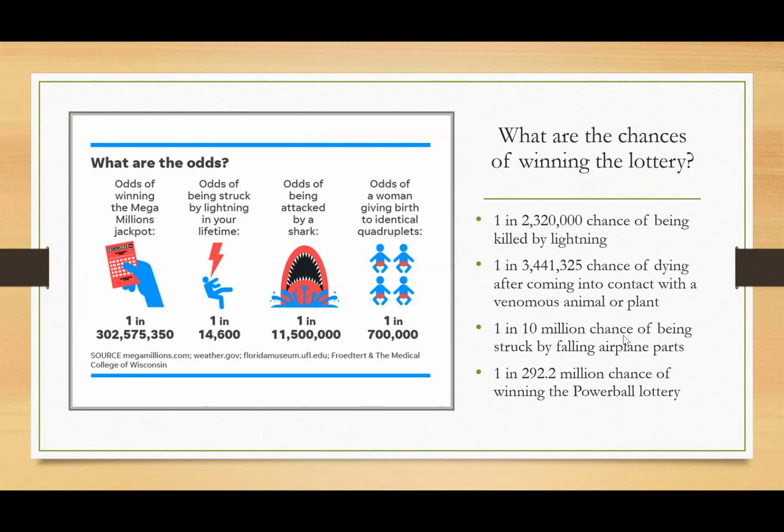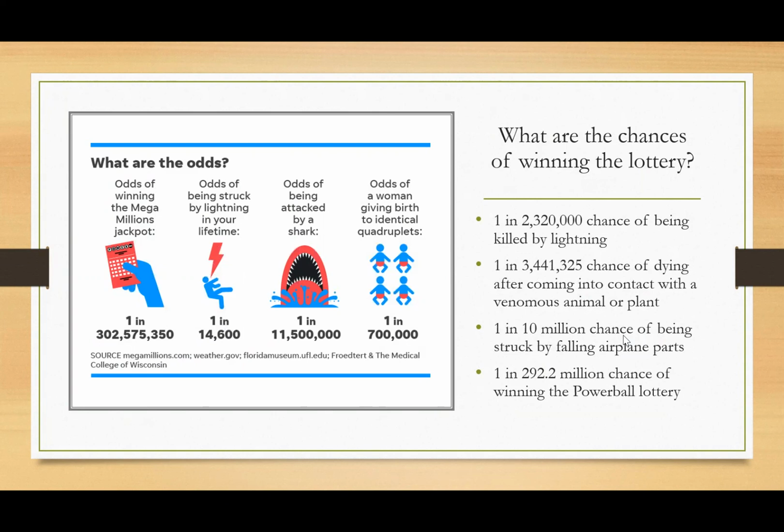The odds of being attacked by a shark are more likely, and the odds of a woman giving birth to identical quadruplets is way more likely than winning this jackpot. So when you put it that way, it might seem maybe a little less likely that you might win that lottery. And on the side here, I have some other examples listed out. So this is saying the chances of getting killed by lightning is 1 in 2.3 million.